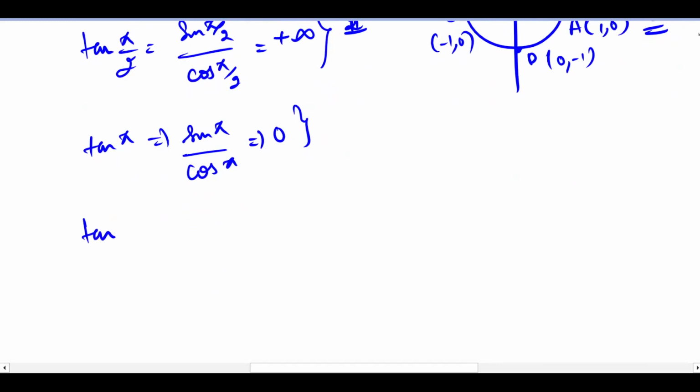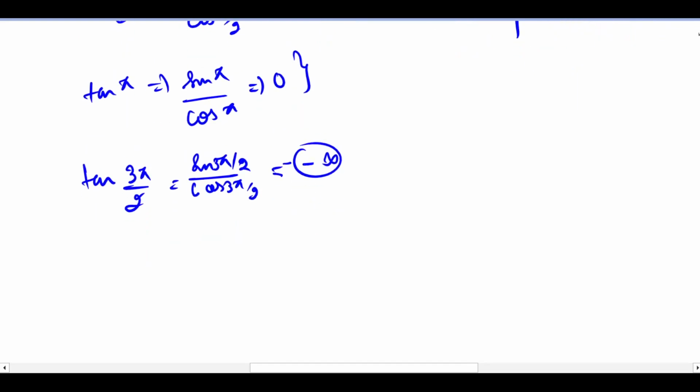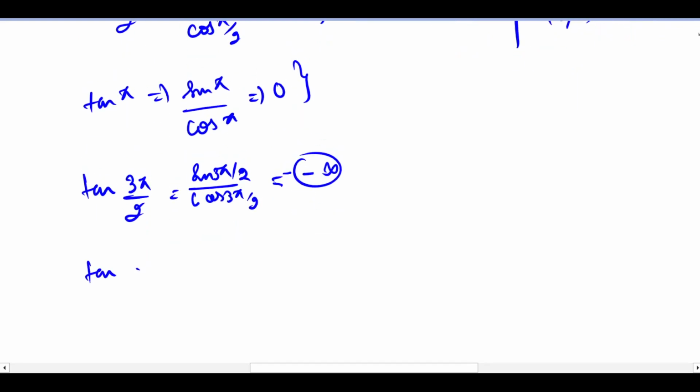Next, tan 3 pi by 2 is sine 3 pi by 2 upon cos 3 pi by 2, which is minus infinity. Last, tan 2 pi is sine 2 pi upon cos 2 pi, which is 0.